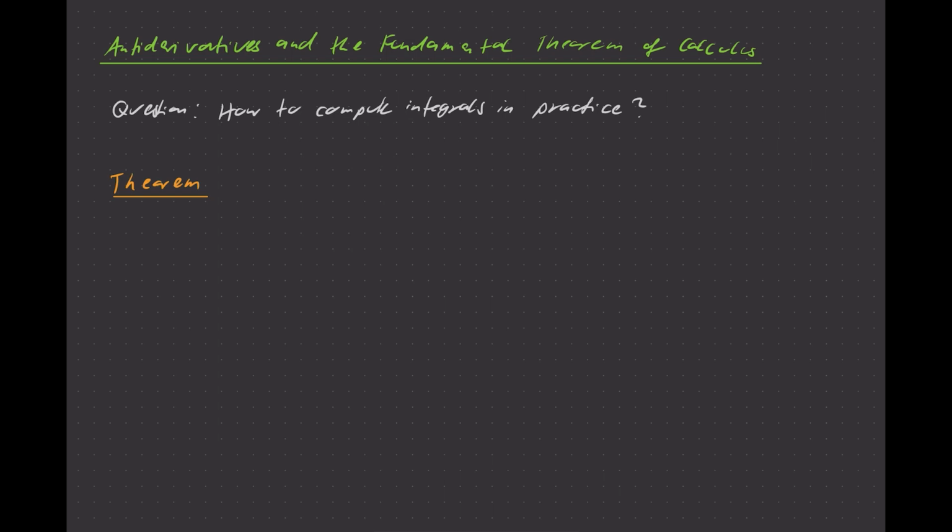Let I, a subset of R, be an interval. Let f be a function on that interval. And what we need in addition to integrability is that the function needs to be continuous. So we want a continuous function on I.